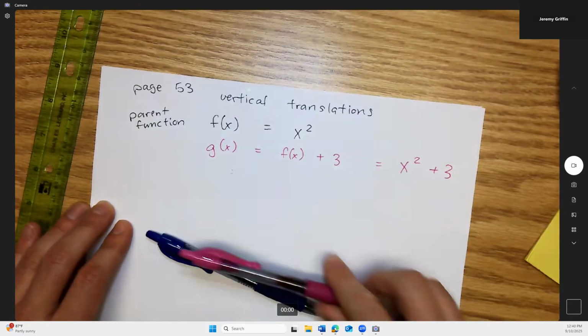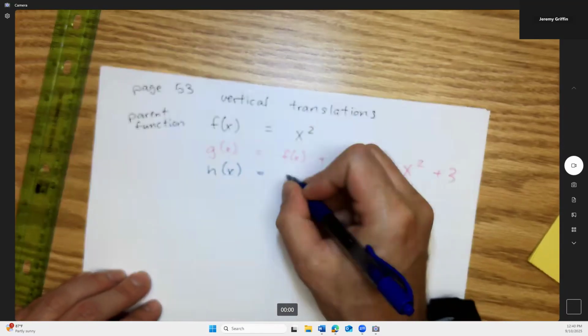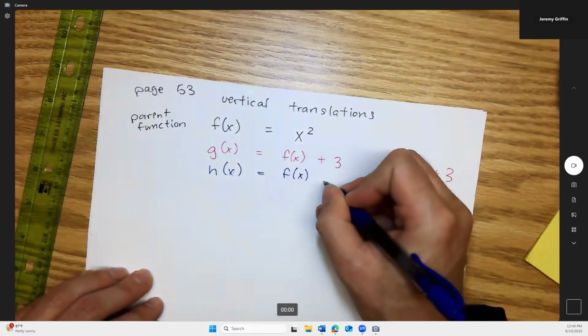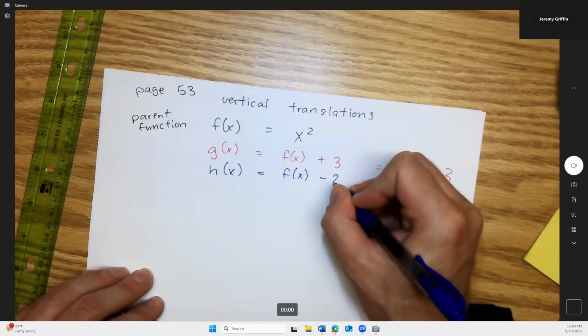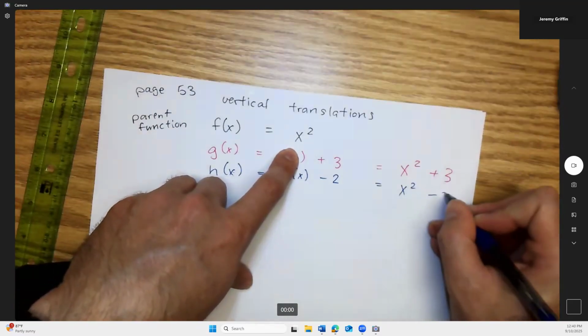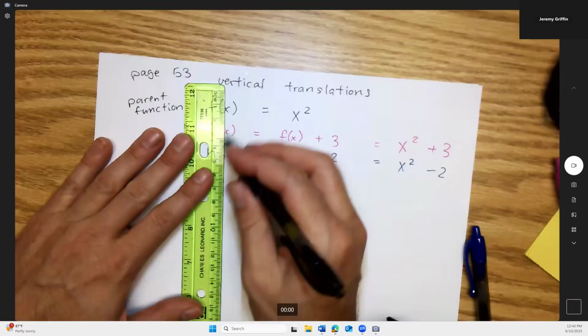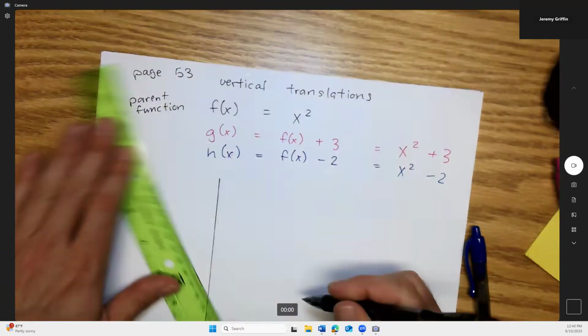Okay. And then later on, I'll do an h of x, and I'll do that in blue ink. What if you have the function, and then after the function, you do minus 2? How about that? Okay. Or in this case, instead of f of x, it'd be x squared, and then minus 2. Okay. So let's graph all of these, and then what should the graphs look like according to these translation rules?